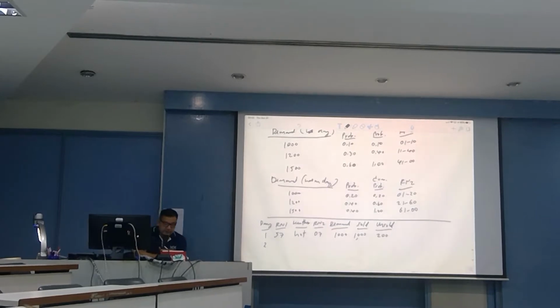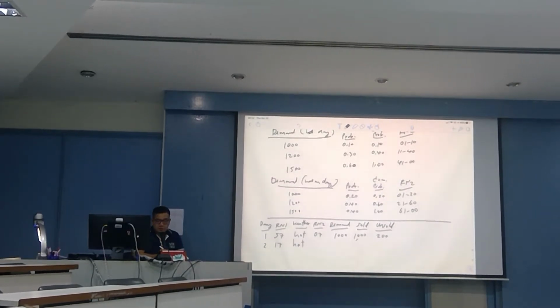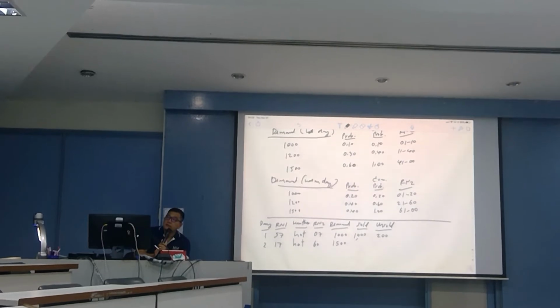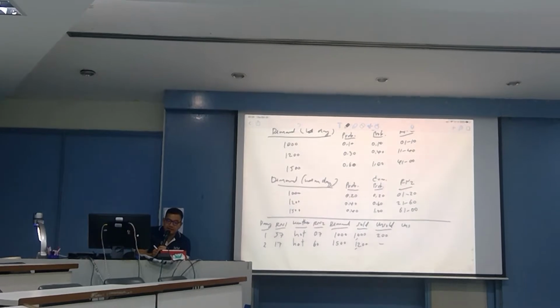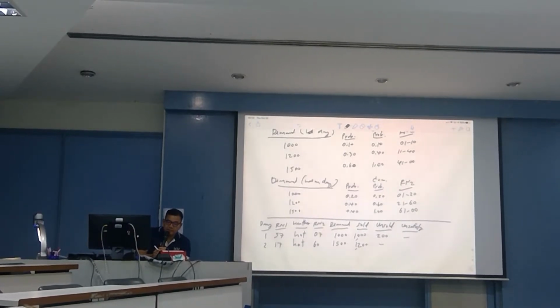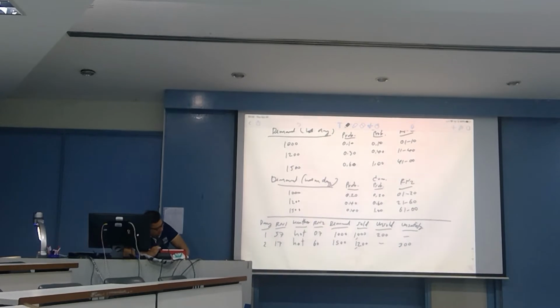Day 2 is 17. 17 is still in the range of 01 to 60, still a hot day. And then 60 for demand. 60 demand is 1,500. So then you can sell 1,200. You don't have unsold, but you have unsatisfied demand of 300.